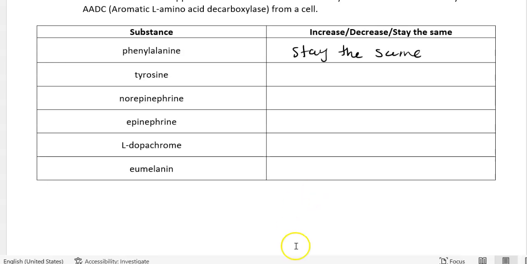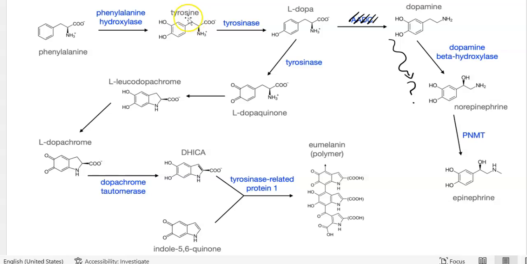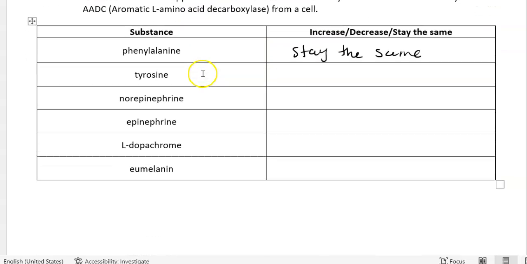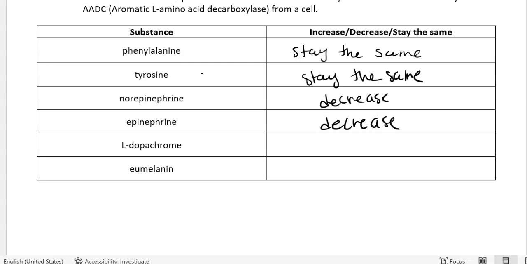Same with tyrosine. Tyrosine stays the same because we didn't do anything to this enzyme, phenylalanine hydroxylase. We're still producing tyrosine, so that stays the same. Norepinephrine and epinephrine decrease because we got rid of our aromatic decarboxylase.